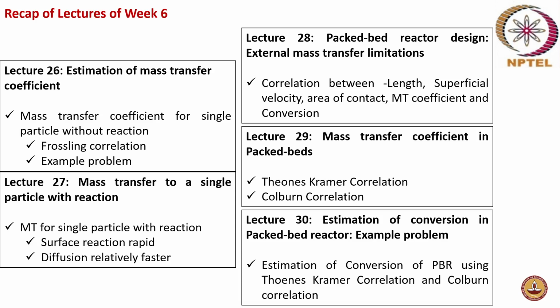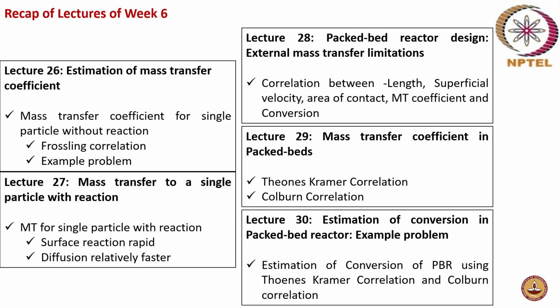So you can develop correlations where the dimensionless number that matches the Nusselt number in case of mass transfer is the Sherwood number, and for the Prandtl number it is the Schmidt number, where your Sherwood number is the ratio of convective mass transfer to diffusive mass transfer, and your Schmidt number is the ratio of momentum diffusivity to mass diffusivity. So an example problem was also solved based on this concept.